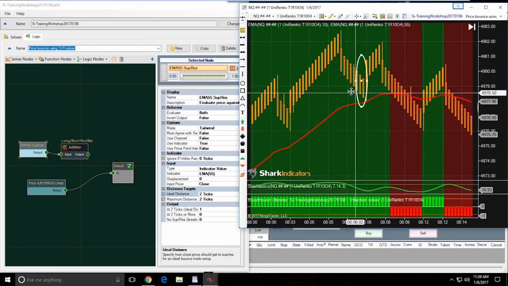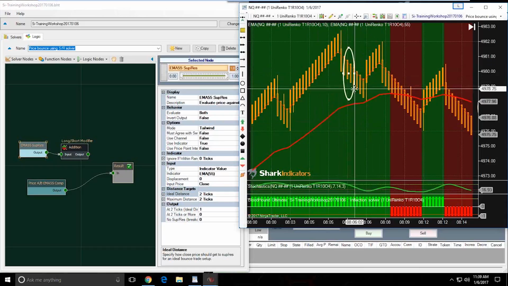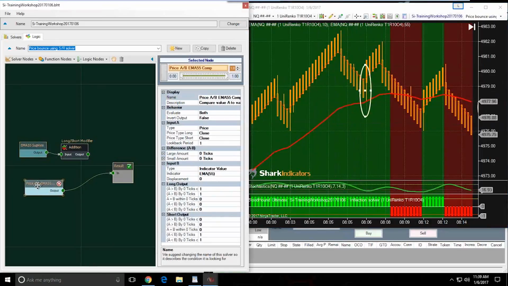So let's make sure that price has been further away by 2 ticks, 2 ticks or more away from the EMA. We can do that by using the large and small amounts. So let's put in 2 ticks, like so. There we go.